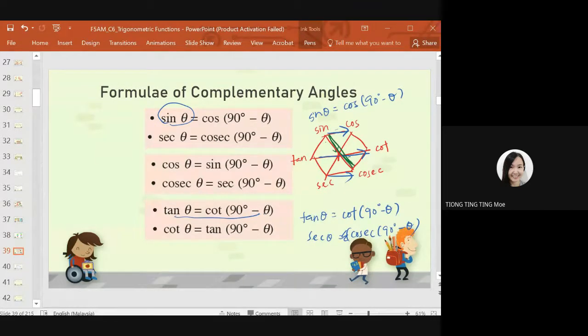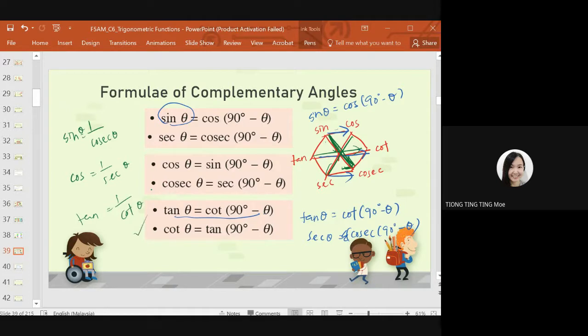We go to the opposite side here. So the reciprocal is sin equals 1 over cosec, because it's passed by 1. Then cos equals 1 over secant. Then another one, tan equals 1 over cotangent.